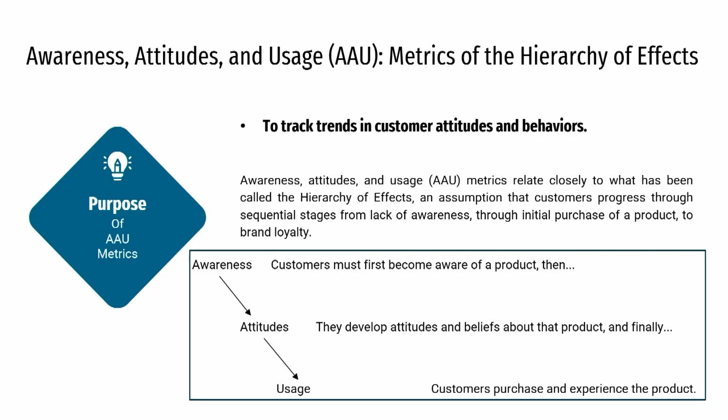This can also be a scenario, but in fewer cases. The AAU matrix tracks long term changes, helping managers adjust their strategies. For example, Make in India boosted awareness of local brands and improved attitude and usage of them.